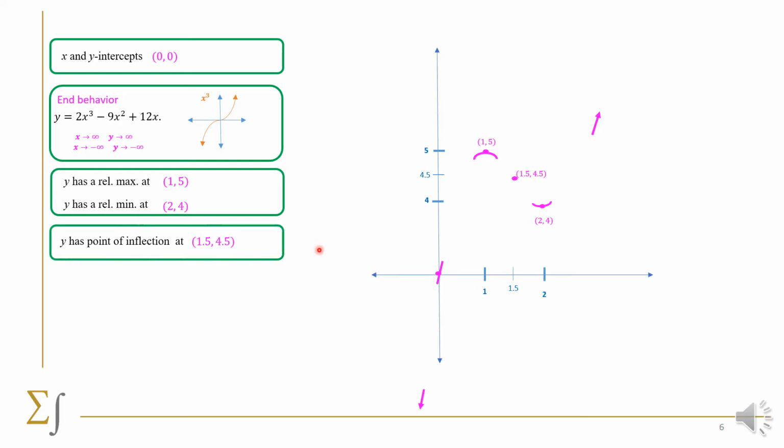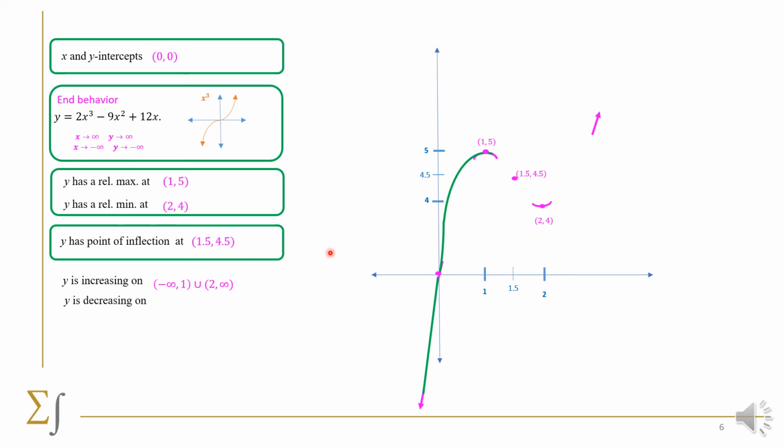Now we start thinking of the function: on what intervals is it increasing and or decreasing? So the y is increasing on the interval from minus infinity to 1, also from 2 to infinity. So here it comes, it's increasing to the left of 1. It will continue to increase until it reaches the maximum at 1, which is 5.